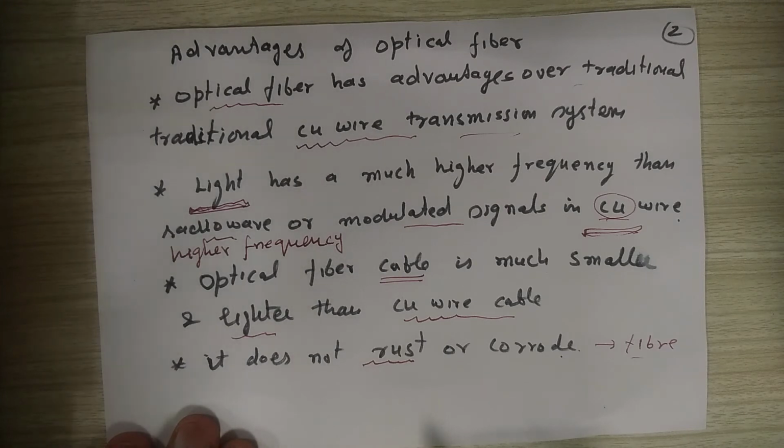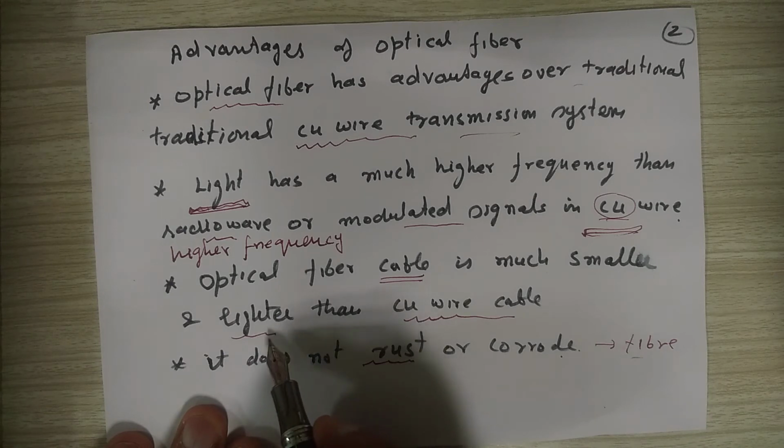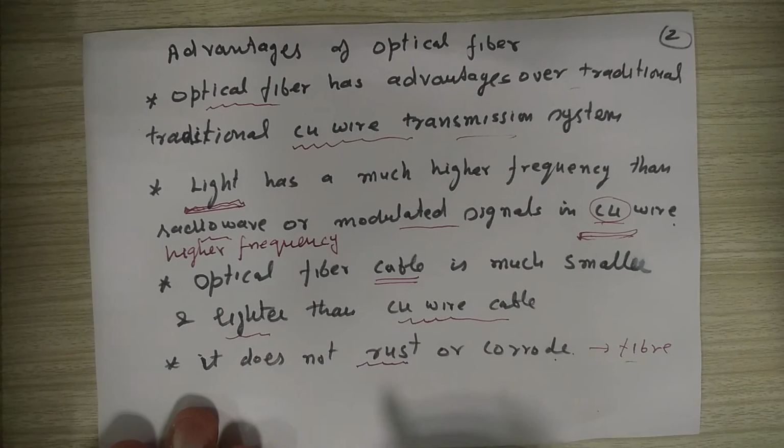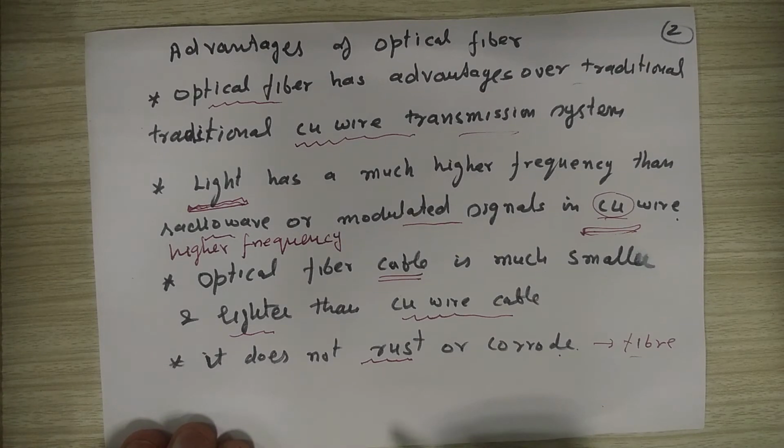So in those cases, for example if we talk about aeroplanes or ships, where weight is the issue, we can make use of the fiber for communication purposes. So this is another advantage.